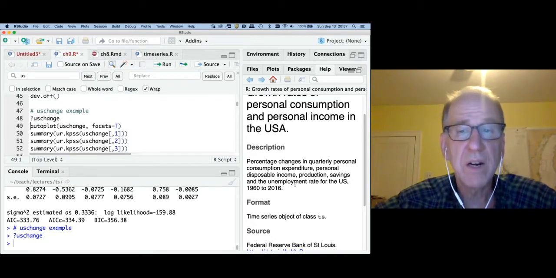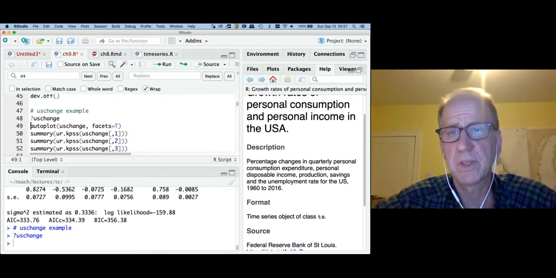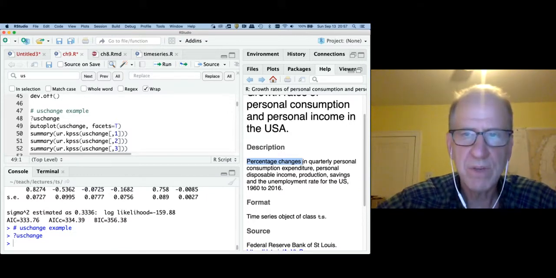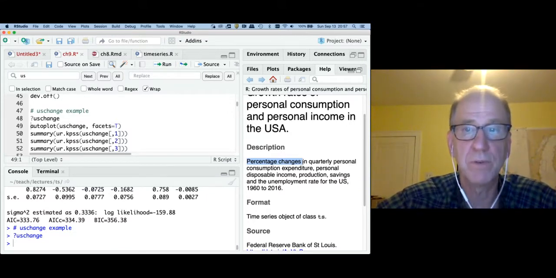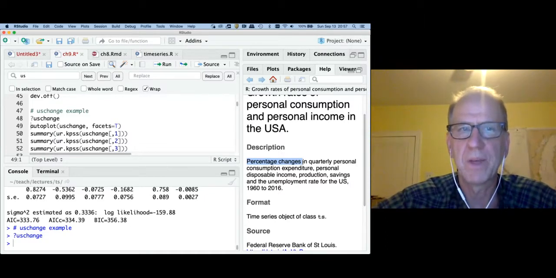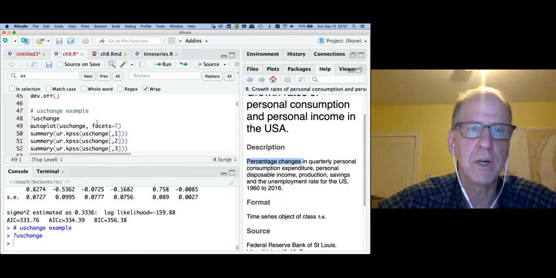One thing that's very important to notice is that they are percent changes. Percent changes are where you take the current value minus the previous value, so that's really just a difference, and divide that by the previous value. Because of this differencing, I expect this to be pretty stationary.